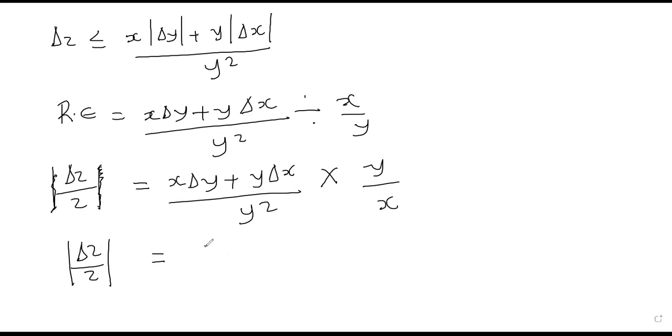So we shall have x delta y plus y delta x out of xy.